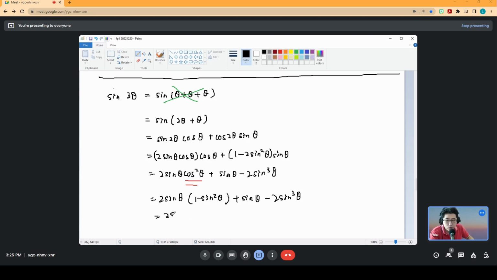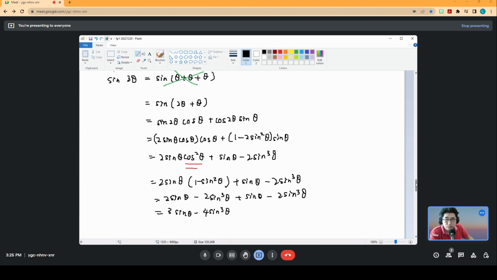Open up the bracket: 2 sine theta minus 2 sine cube theta plus sine theta minus 2 sine cube theta. Okay, so 2 sine theta and sine theta gives 3 sine theta, and 2 sine cube theta and 2 sine cube theta gives 4 sine cube theta.